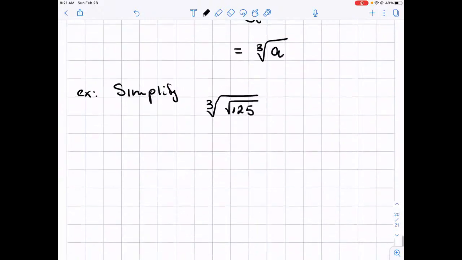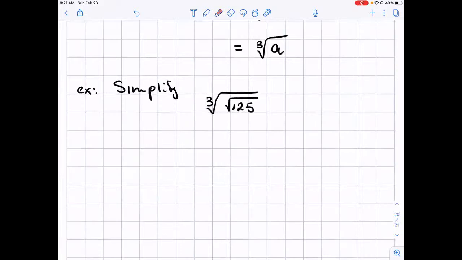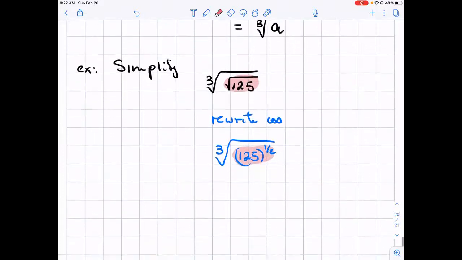But let's see what this means. I can rewrite this as the cube root of 125 to the 1/2 power, because this portion in here is a square root, and square root we know is 1/2 power.